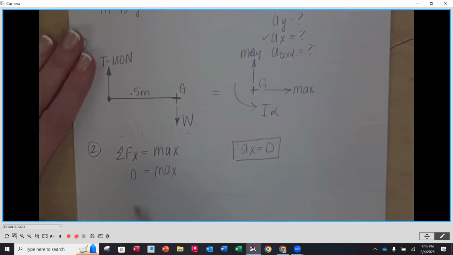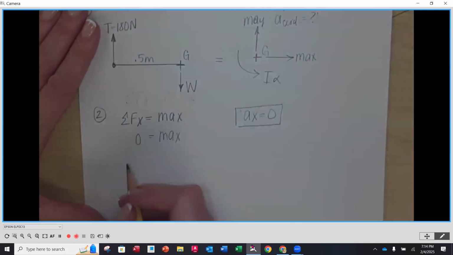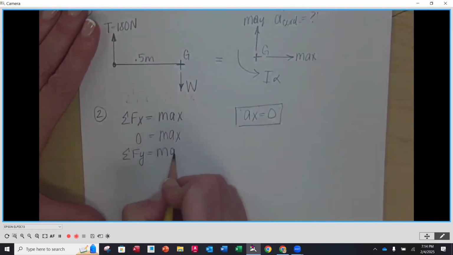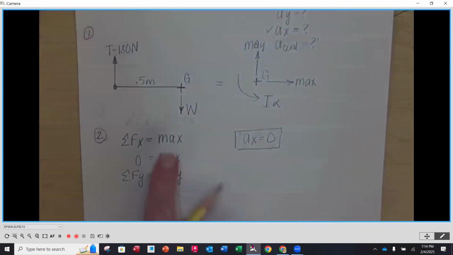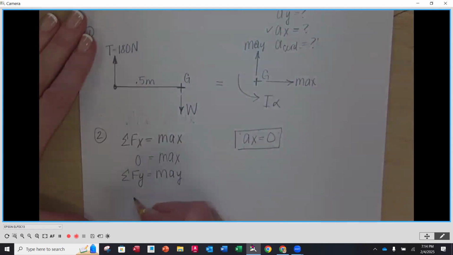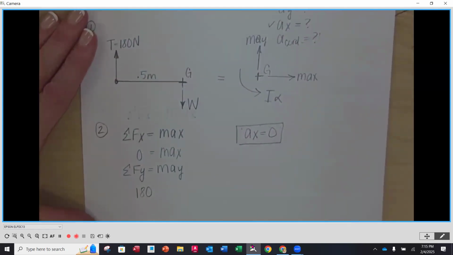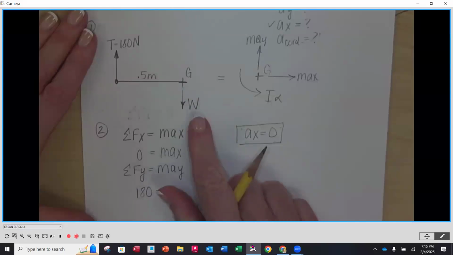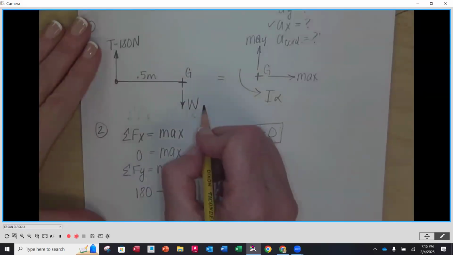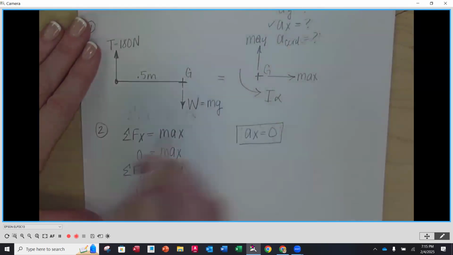Then we're going to do the sum of the forces in the y, and that's going to be our may. Now, this time we do have forces in the y direction, right? So we're going to have a positive 180 newtons, and we have a minus W. We know W is equal to mass times gravity, right?